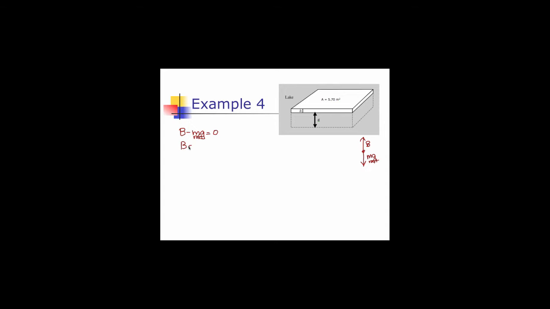Buoyant force then has to be equal to the weight of the raft. And the weight of the raft is the density of the raft times the volume of the raft times the acceleration due to gravity.